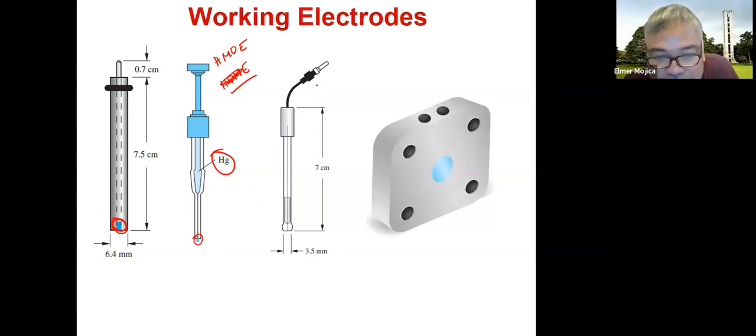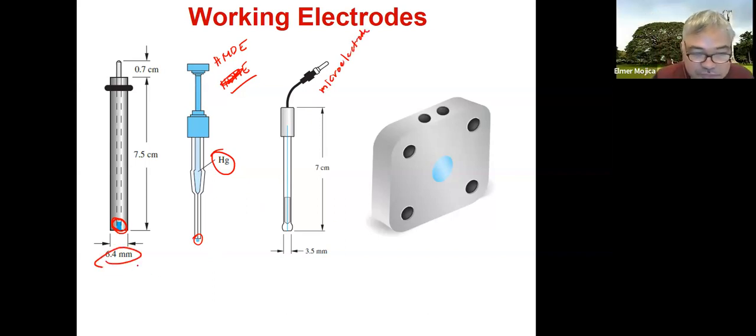Now, this one is a microelectrode. Look at the size you have there compared to this one, 6.4, while this one is just 3.5. It's so small. This one here is a sandwich type flow cell or flow electrode.